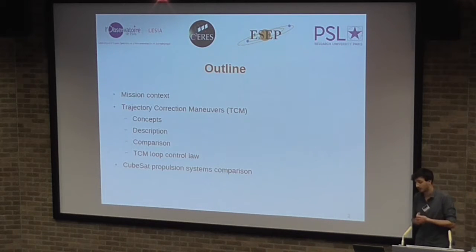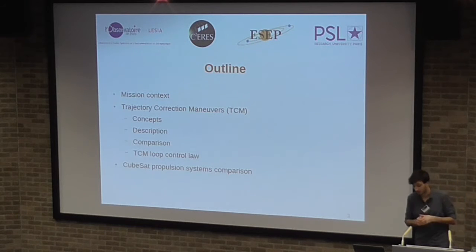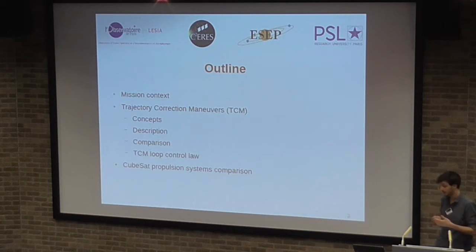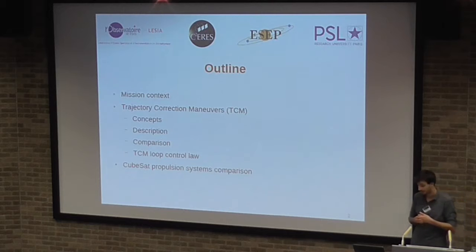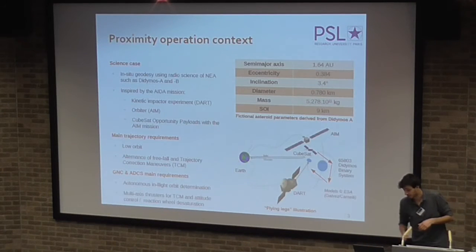So describe them, compare three of them that we propose, and see how our control law can work on the CCM that is the most interesting one for us. And then briefly do a comparison of CubeSat propulsion systems for our situation.